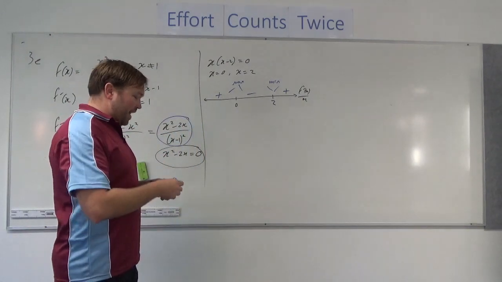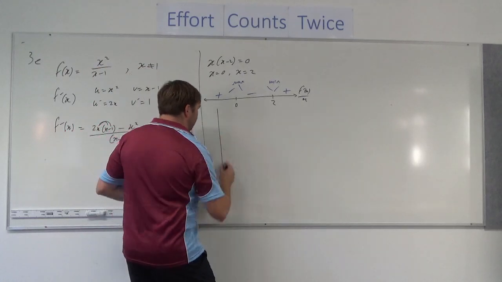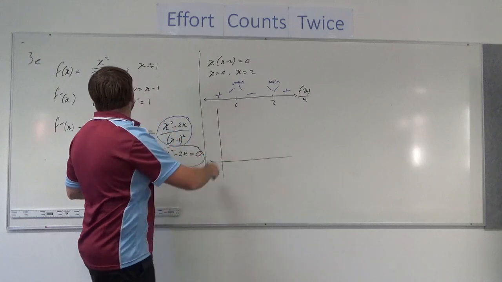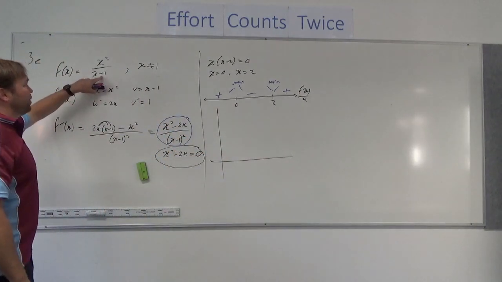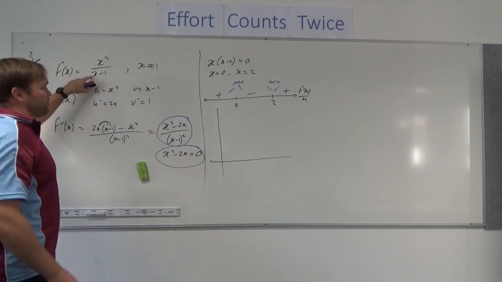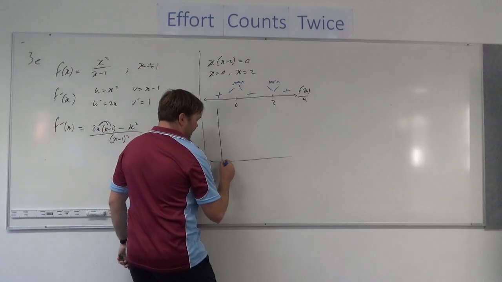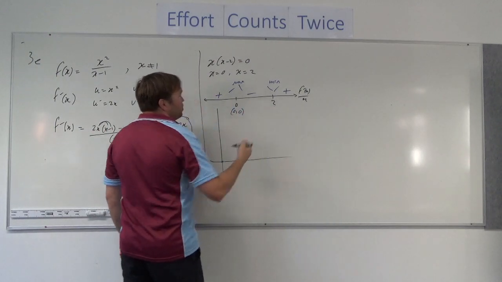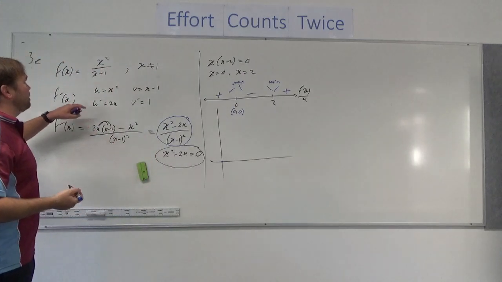So, in order to sketch, now I'm not going to go through it in the interest of time because the thing will run out of batteries, but what that means is we sub in 0 to the original function. If I sub in 0 to there, what that's going to give me is 0 on negative 1, which is just 0. So there will be a max here at 0, 0. And if I sub in 2 to the original function, it will give me a minimum.